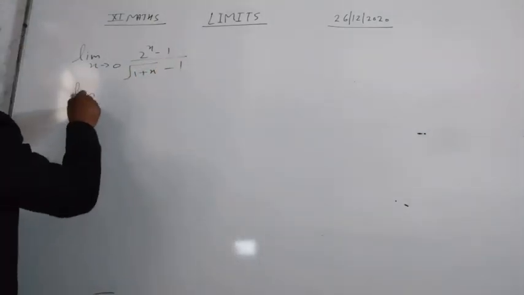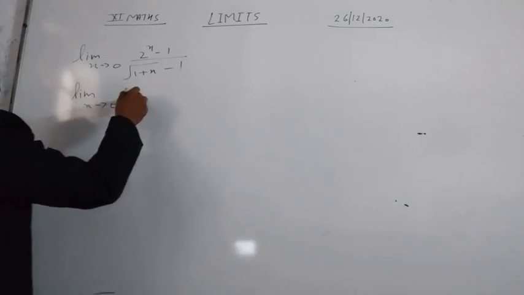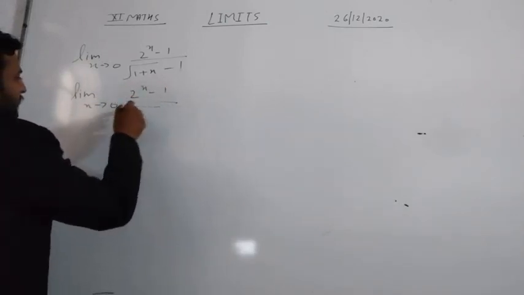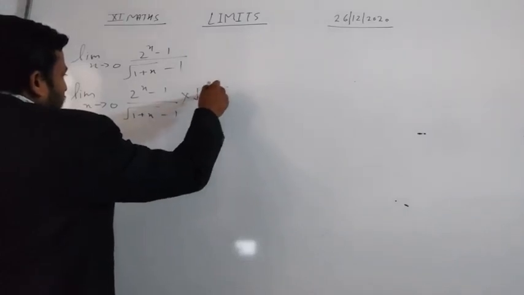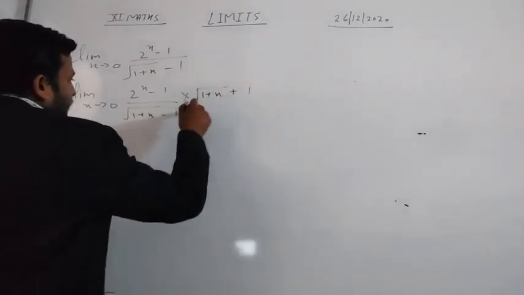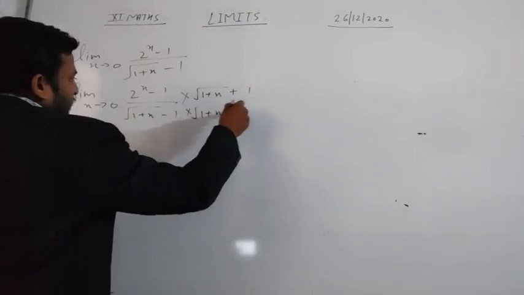So limit x tends to 0, 2 to the power x minus 1 by root 1 plus x minus 1, into root 1 plus x plus 1, root 1 plus x plus 1.